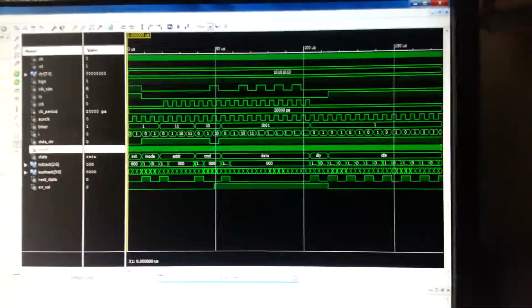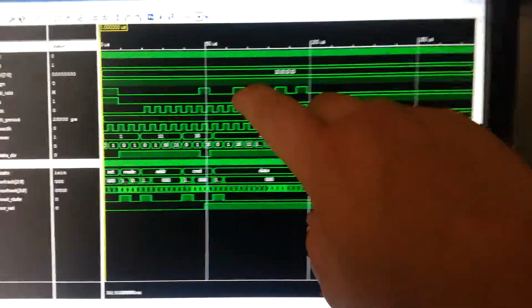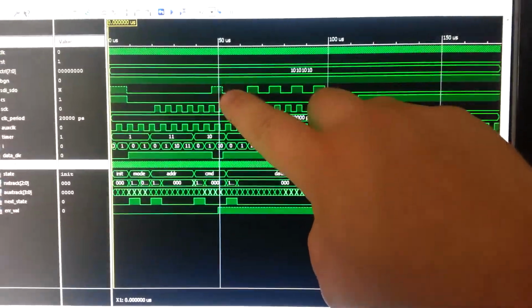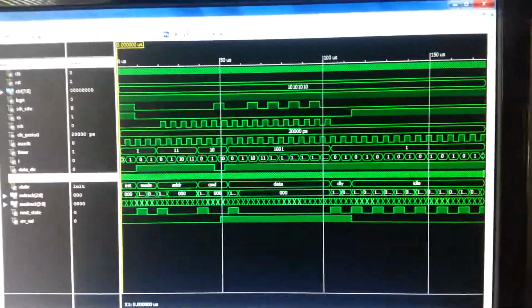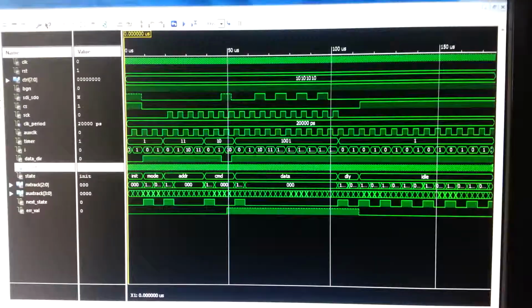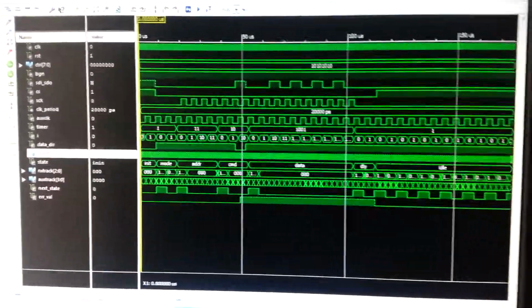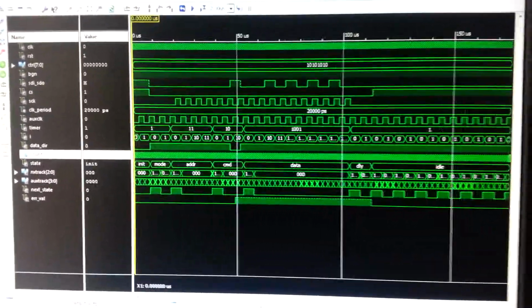As you can see here in the simulation, I have some dotted lines. Inside the test bench for the simulation, I have what's called a weak pull-up, so I'm reassigning the line to an H instead of a 1.